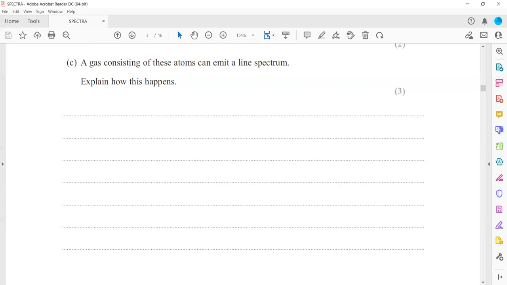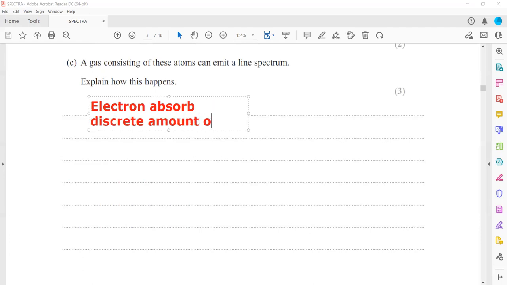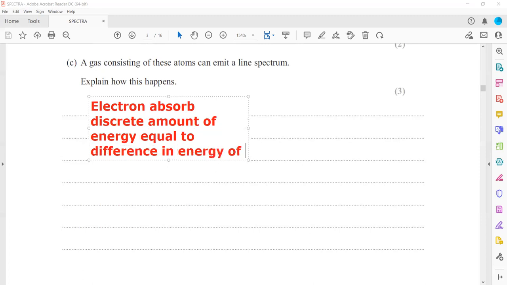So when you write: the electron absorbs a discrete or fixed amount of energy equal to the difference in the energy of two energy levels.